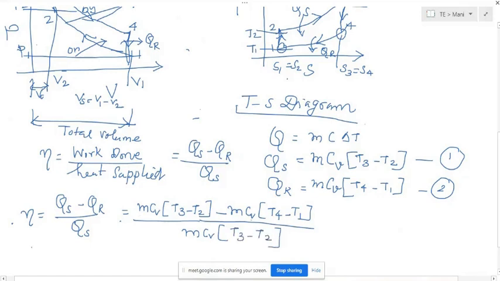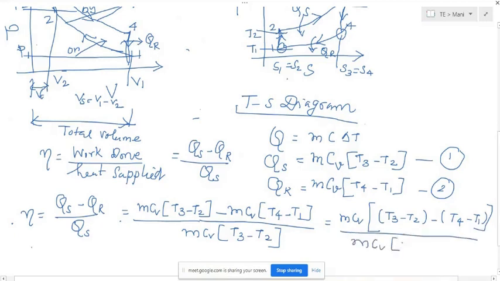So simply taking m cv commonly outside, the rest will be (T3 minus T2) minus (T4 minus T1), divided by m cv (T3 minus T2).